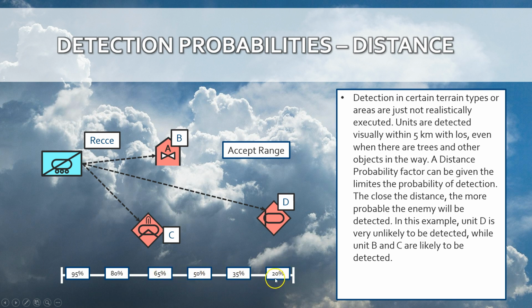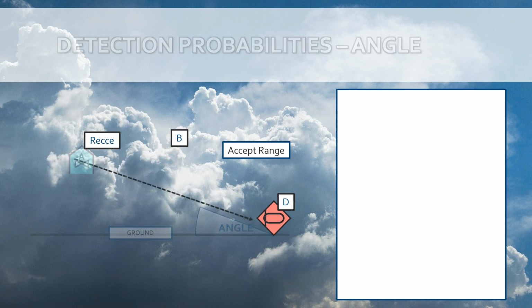So if a detection would be done here using the DCS API, it would over time maybe just take 20% of chance that D would be an accepted target to be detected. And these factors are configurable within the detection object using APIs.